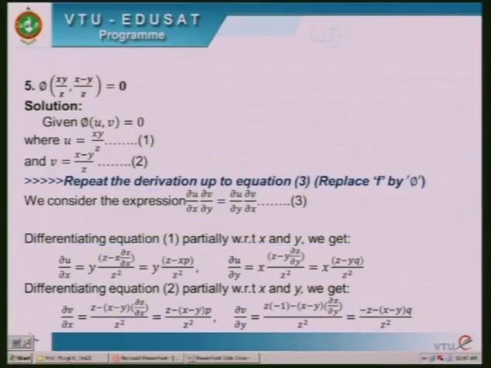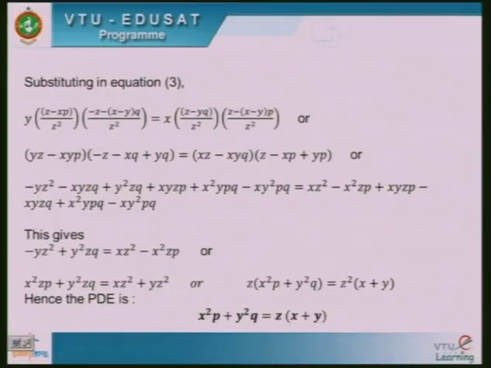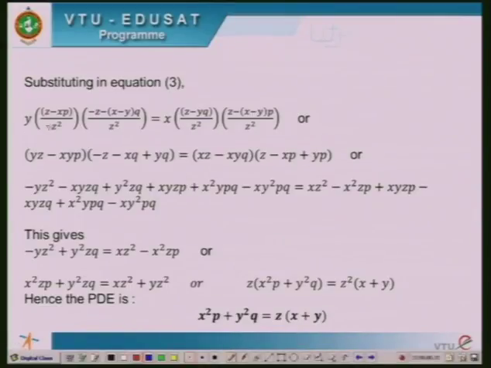Now, again you substitute this in equation 3 to get this expression: y into (z minus xp) by z square. This is dou u by dou x into dou v by dou y equal to dou u by dou y into dou v by dou x. Cancel the z square and multiply across.